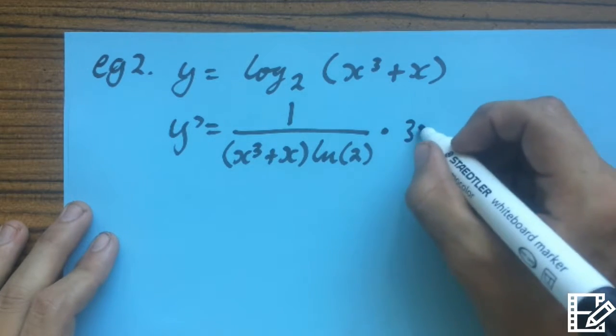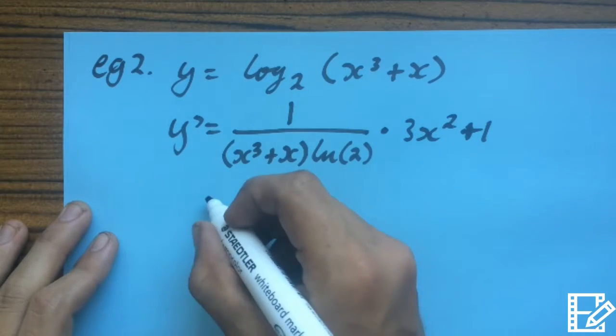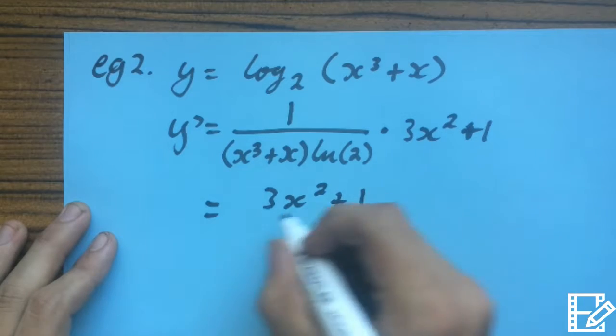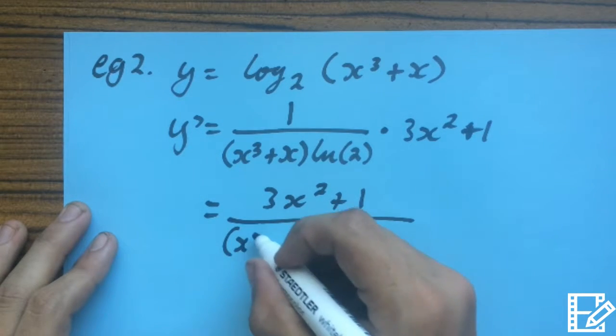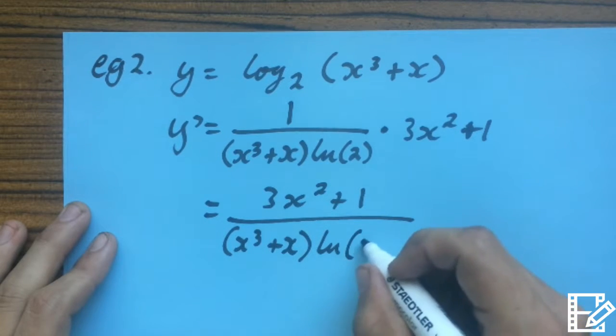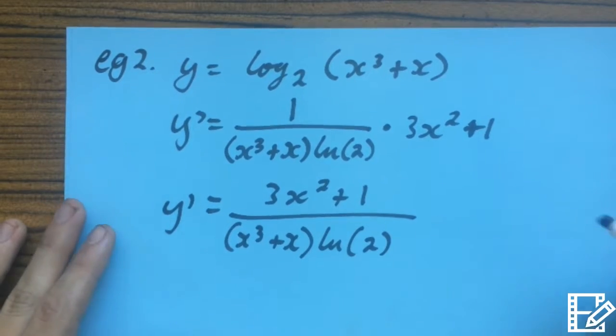So that would be 3x squared plus 1. Rearrange it, make it look a little neater.